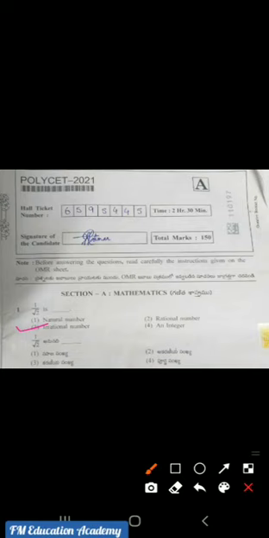Moving on to question 2. Find the HCF of 8, 9 and 25. We'll find out what the HCF of 8, 9 and 25 is. How to do it? We find the prime factorization of 8, of 9 and of 25. 8 we know will go in 2: 2 4s are 8, 2 2s are 4 and 2 1s are 2.